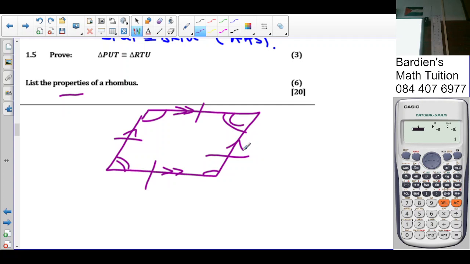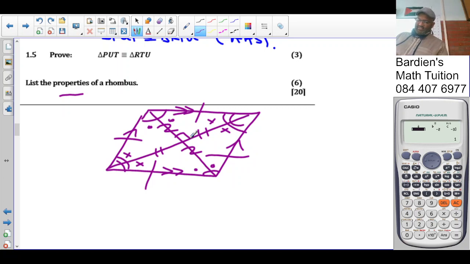Number four, diagonals bisect each other, which means to say they cut each other in half. That's 5. Then diagonals bisect its vertex angles. And the last one, diagonals are perpendicular to each other. 6 properties of a rhombus, each one with 6 marks. Every mistake you do, you lose one of the correct statements given on the shape in question.